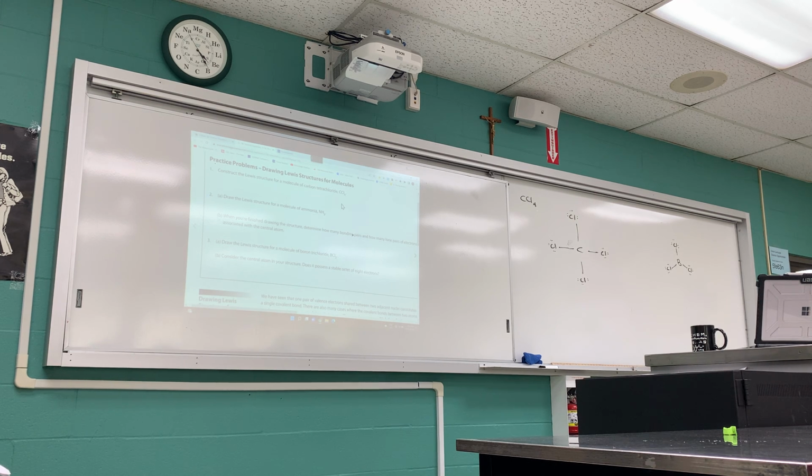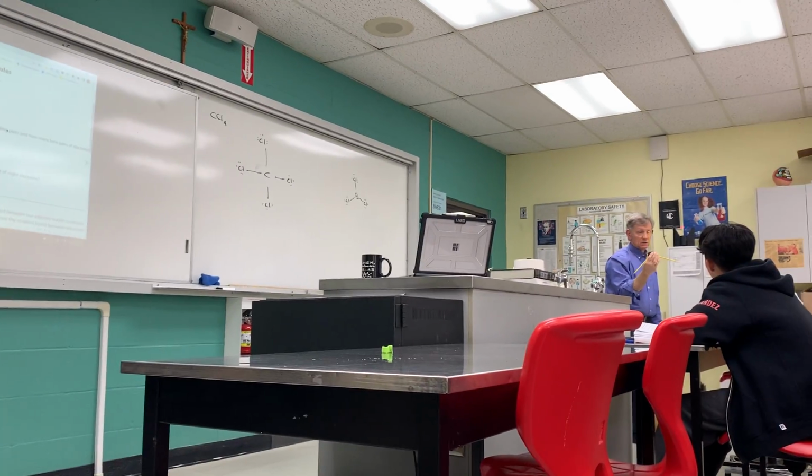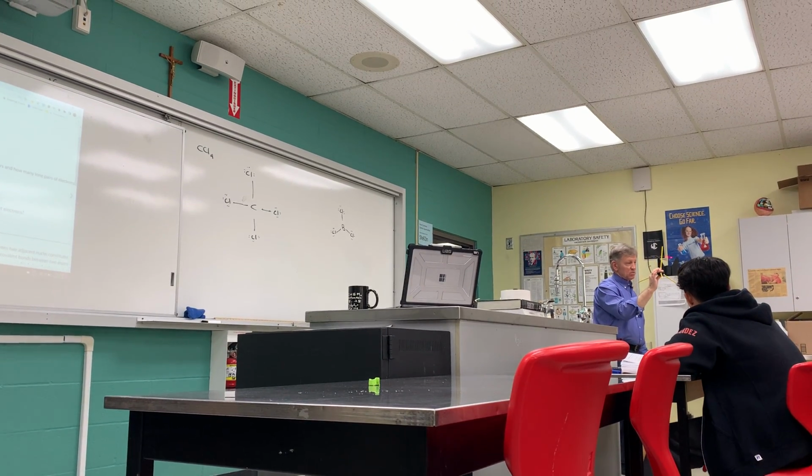So let's say that at the end of each of these yellow sticks, we had a chlorine atom. That's the shape it's going to adopt in 3 dimensions. We call that a regular tetrahedron, and those bond angles are more than 90. So that's what a 2-dimensional diagram means in a 3-dimensional world.